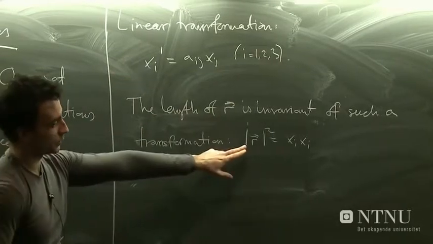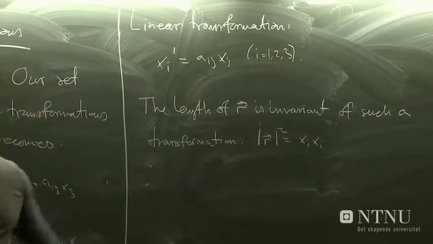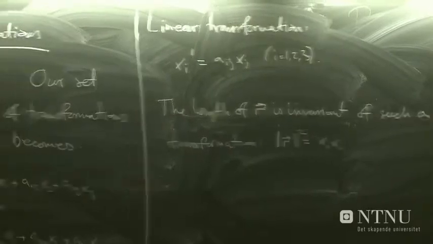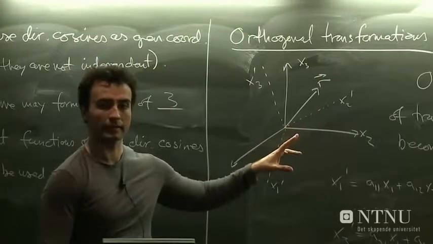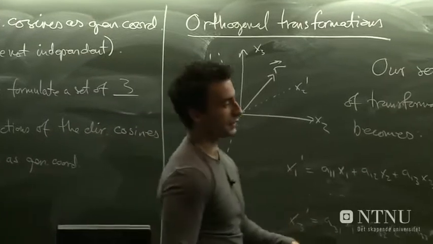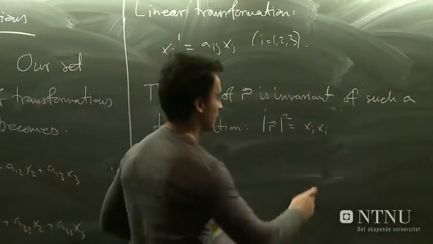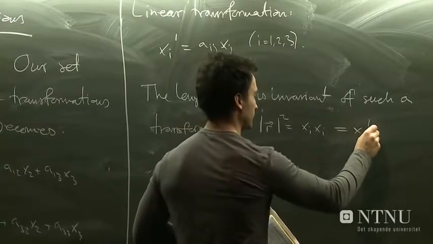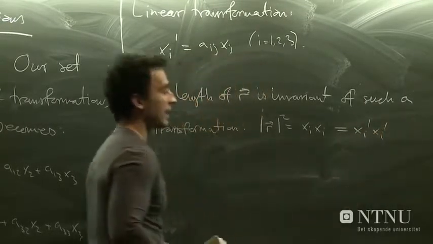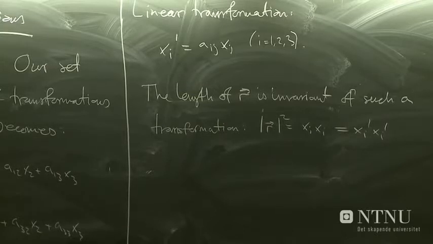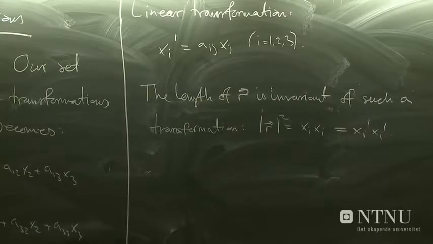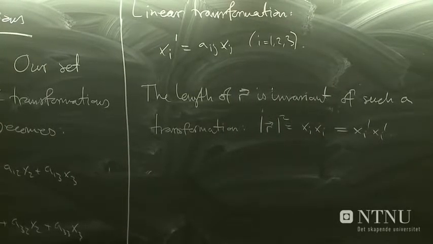So the length squared, or the norm squared of r, is simply xi xi. So this is x squared plus y squared plus z squared. And it should be equal to xi prime xi prime, if the length is conserved.